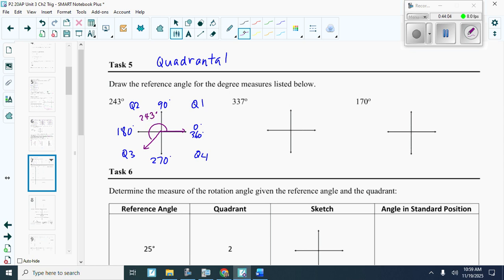Now I want you to draw the reference angle. If you need to, go back to the definition: the reference angle is between the terminal arm and the x-axis.